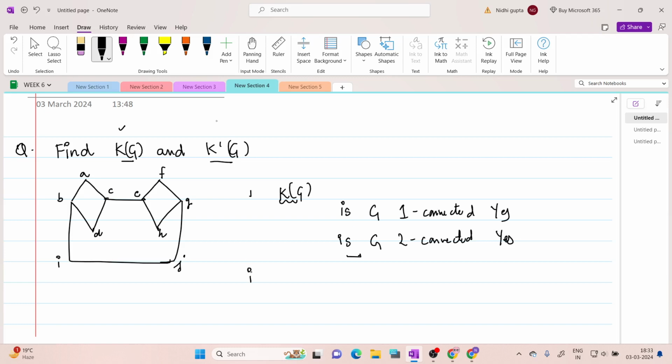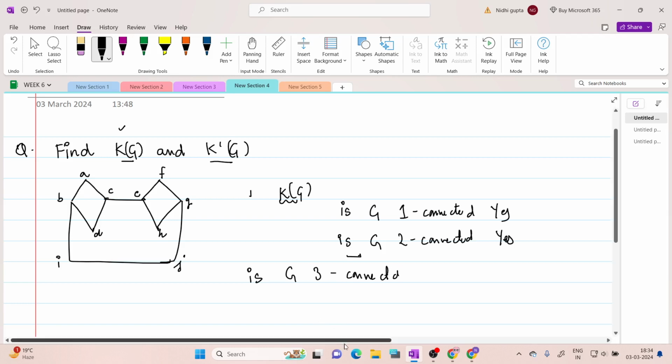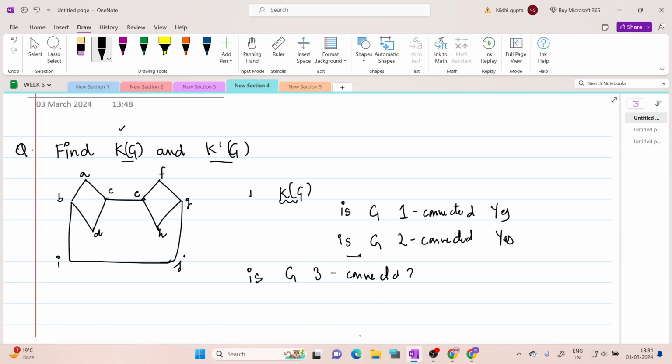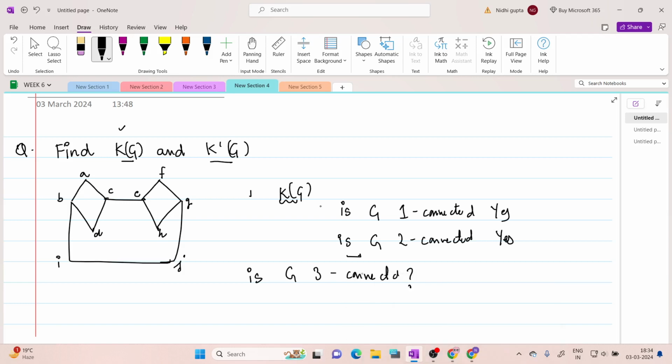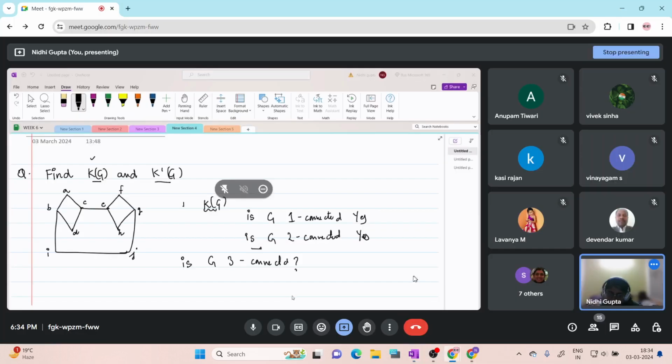What about 3? Is G3 connected? Yes. Okay, why is it 3 connected?